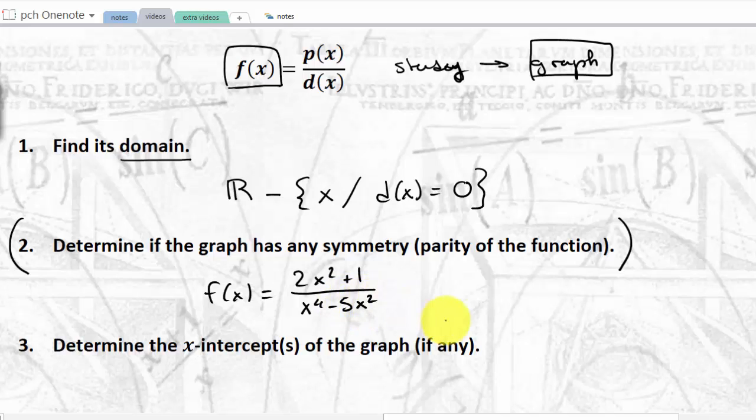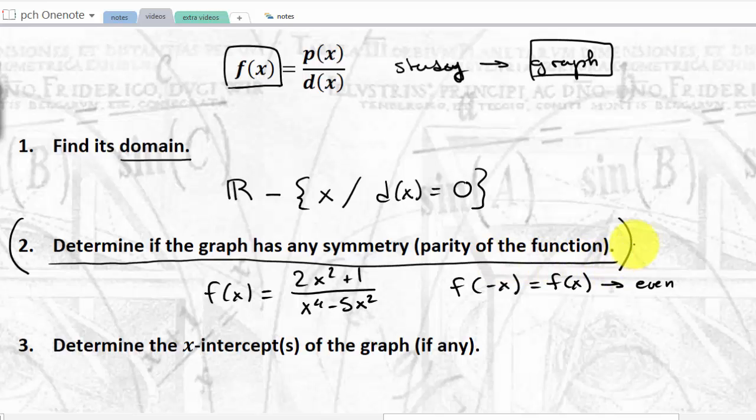For example, in this one, I know right away that f of negative x equals f of x, and so I would have symmetry through the y-axis because the function is even. I hope you remember even and odd, but that doesn't happen very often. Most of the time a rational function will not have any symmetry, so this step we can forget about. It's a good step to keep in mind whenever you study a function, but it's okay if you don't see it right away.